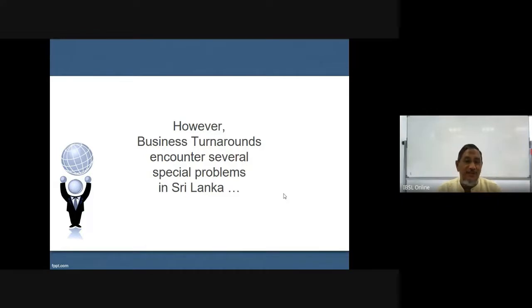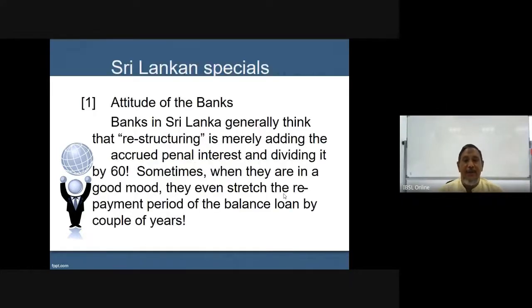However, business turnarounds encounter several special problems in Sri Lanka. What are these problems? First one is the attitude of the banks. Banks in Sri Lanka generally think that restructuring is merely adding the accrued penal interest and dividing it by 60. Sometimes when they are in a good mood, they even stretch the repayment period of the balance loan by a couple of years.